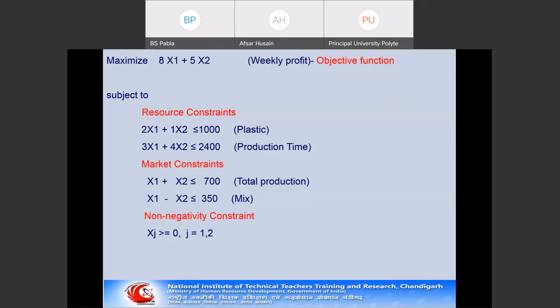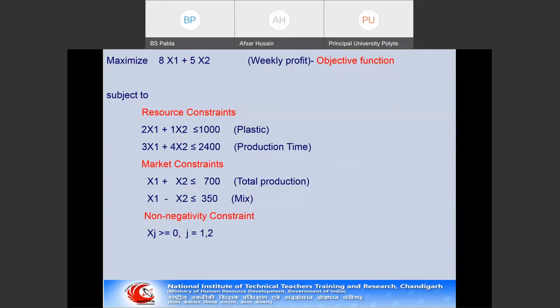What is the resource requirement? It says 2 kg of plastic per dozen of x1 and 1 kg of plastic per dozen of x2. So that means 2 into x1 plus 1 into x2. The total plastic available is 1000 kg. That means I do not have more than 1000 kg, so I cannot consume more than 1000 kg of plastic.